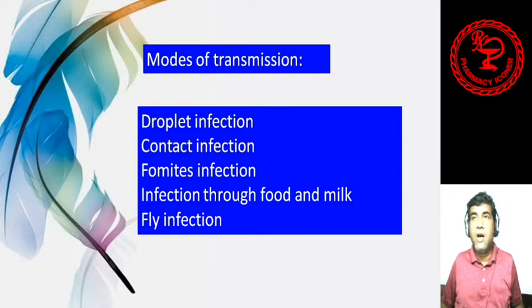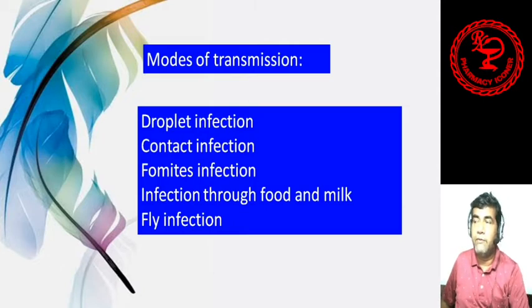If cow milk is not properly boiled, and you drink it, then infection may occur. If food is contaminated with Mycobacterium tuberculosis, the infection may occur from the food also.